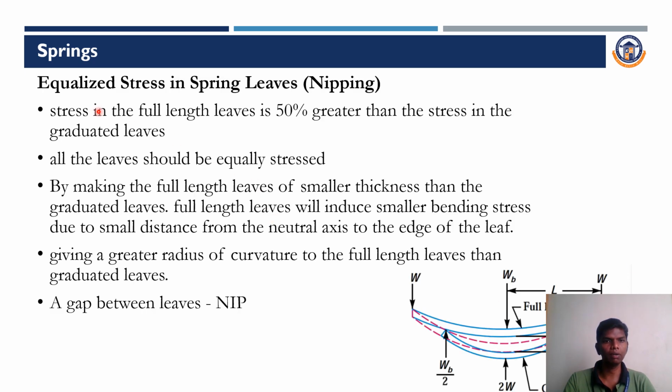So this is the equalized stress in the spring leaves. It is called nipping. The stress in the full length leaves is 50 percent greater than the stress in the graduated leaves. All the leaves should have equal stress in leaf springs.